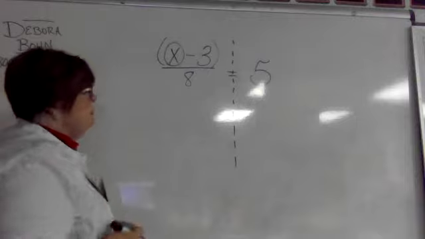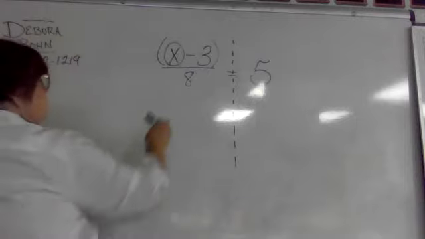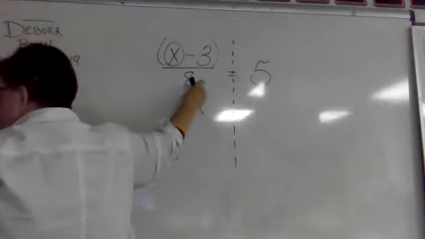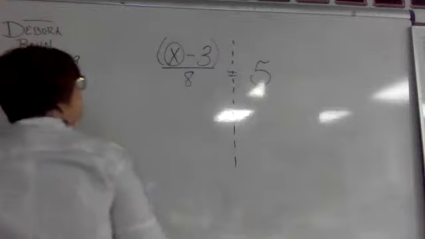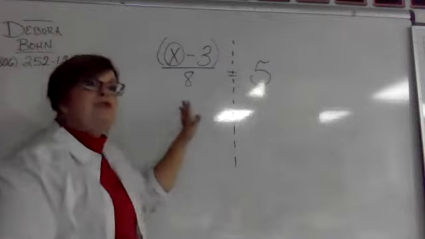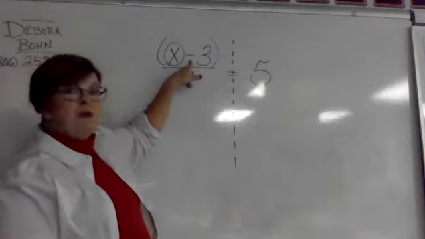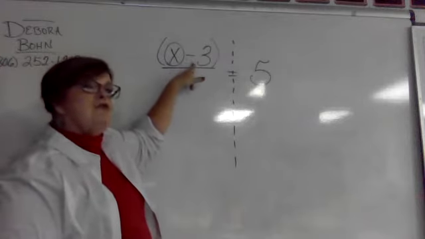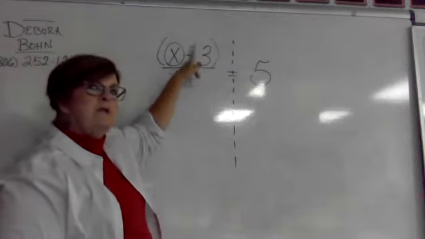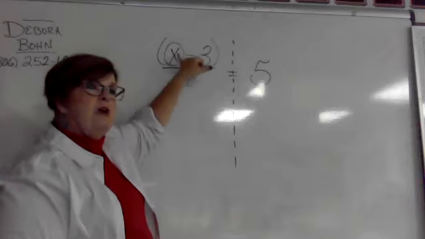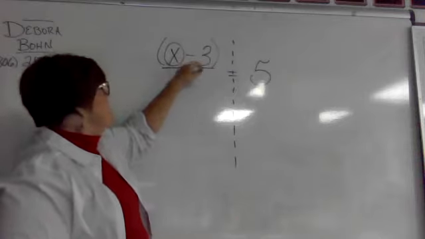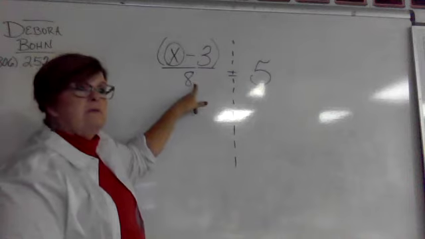You want to get rid of the -3 and the divided by 8. Usually we get rid of the straggler first, but the straggler is locked in a set, and we have to unlock the set.